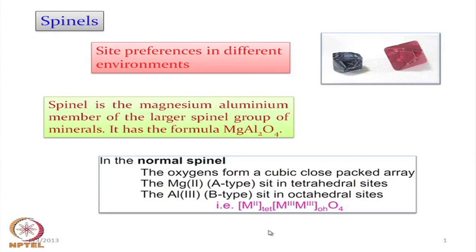That means the most preferred arrangement, where the lower oxidation states are in lower coordination number and higher oxidation states in higher coordination number within the oxide lattice.